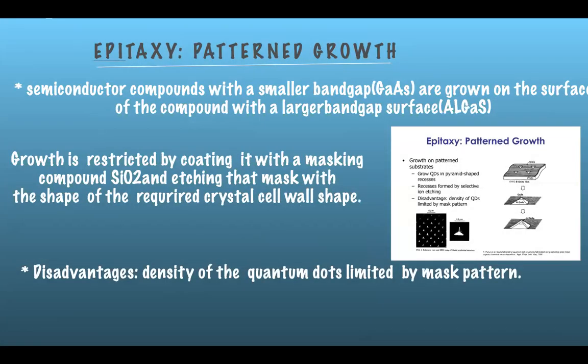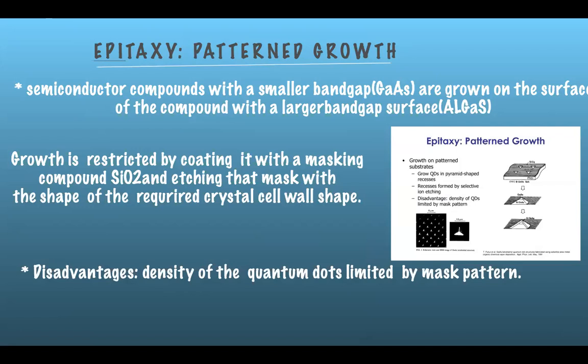Epitaxy. The first one is pattern growth. The semiconductor compound with a smaller band gap, GaAs, meaning gallium arsenide, is grown on the surface of a compound with a larger band gap.